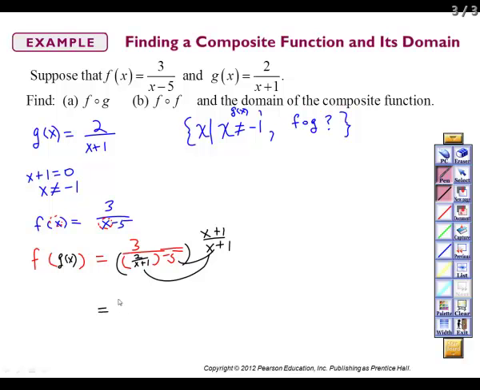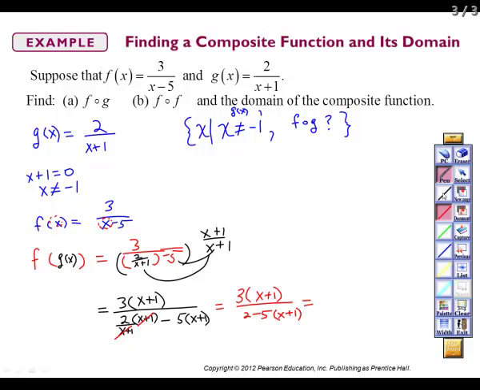And so the way this looks, this will be 3 parentheses x plus 1 over 2 over x plus 1 times x plus 1 minus 5 times x plus 1. Okay, so we distribute that x plus 1 into both, and that's what this is here, but the x plus 1's cancel. So we end up with 3 parentheses x plus 1 over 2 minus 5 times x plus 1.